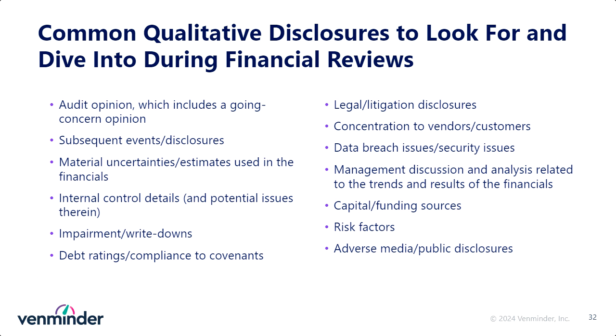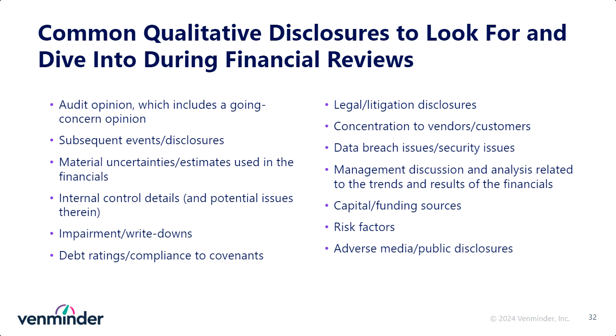And then anything pertaining to the context behind certain write-downs, certain trends, any litigation or legal disclosures they provide, customer or vendor concentration, data breach issues or security issues, which they may disclose if they're material, and then other risk factors that they define, and any sort of additional financing that they've gotten. All of these are very important, and again, could be used side by side with those quantitative reviews that we talked through in detail in the prior section.